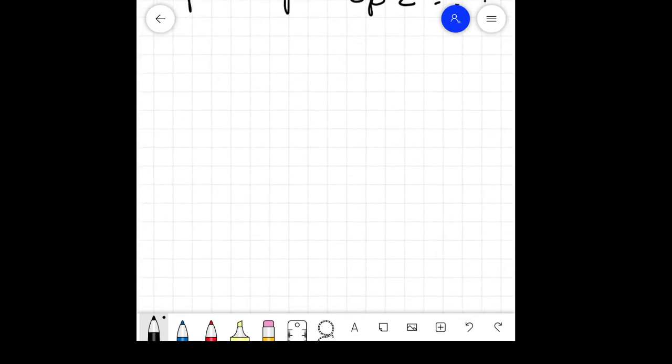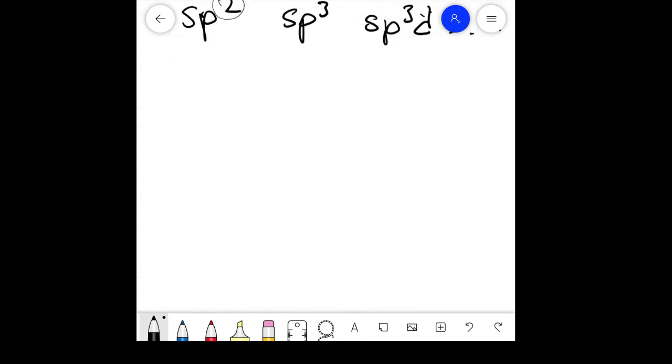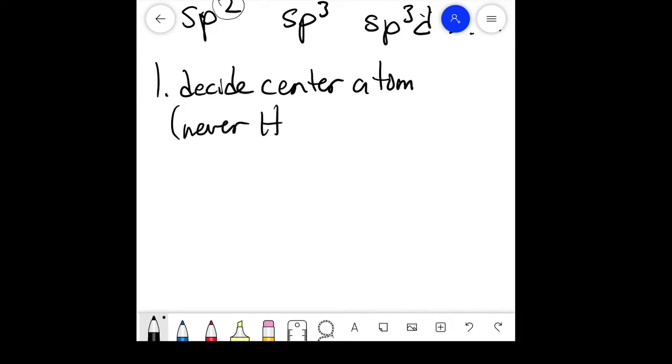So how to build these Lewis structures? So 1, you have to decide on the central atom, and it's never going to be hydrogen, because hydrogen can only bond with one other thing because it only has 1 electron.